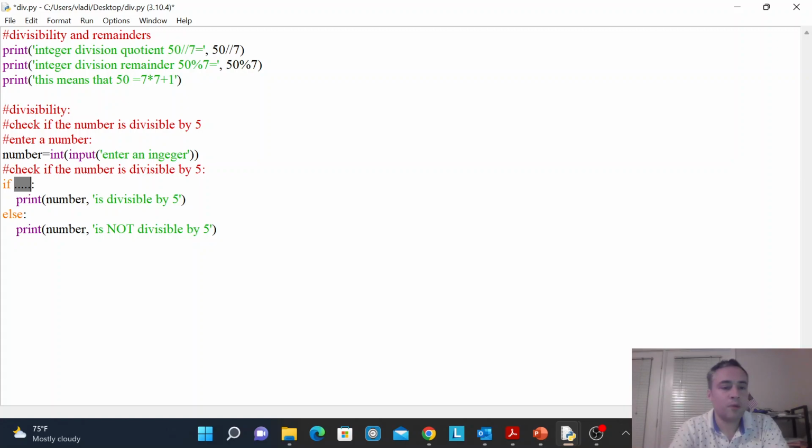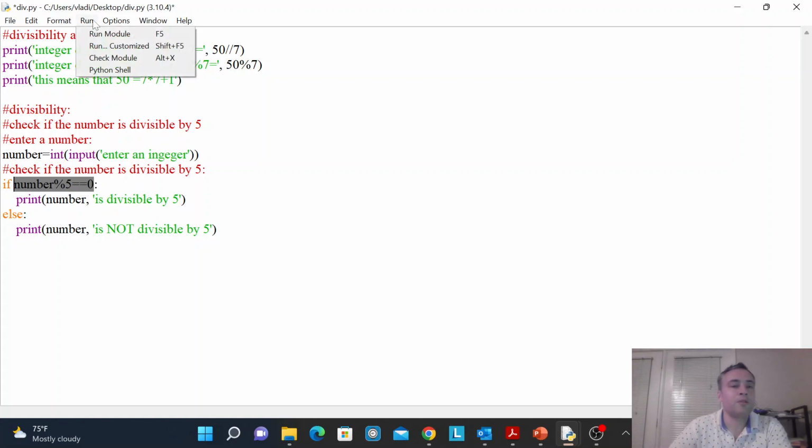Okay, so number remainder divided by 5 equals what for the number to be divisible? Double equals to check equals 0. So this is a condition whether or not a number is divisible by 5, and the condition says, is the remainder of the division 0? If the remainder is 0, then divisible by 5, else not divisible by 5.